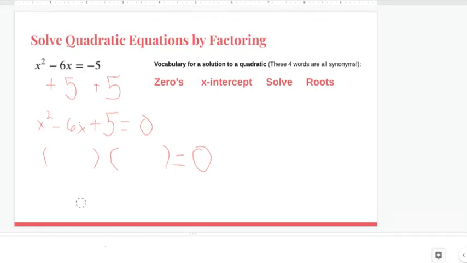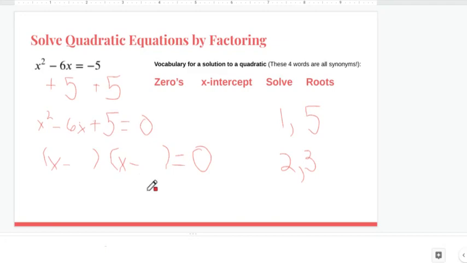And the only way to make an x squared is x times x. And now I'm going to list all the factors that multiply to 5 and add to negative 6. Since my product was positive and my sum is negative, I know signs are the same, and both factors have to be negative. So I'll just add x minus in both of my parentheses.